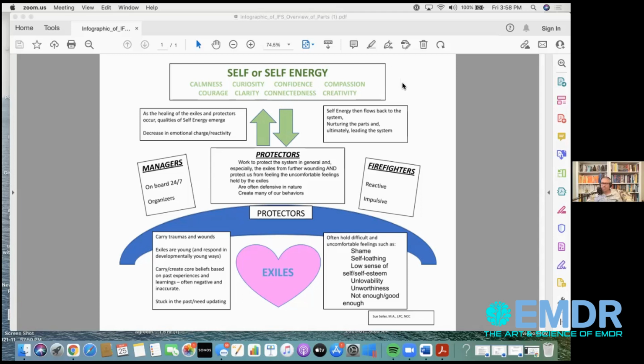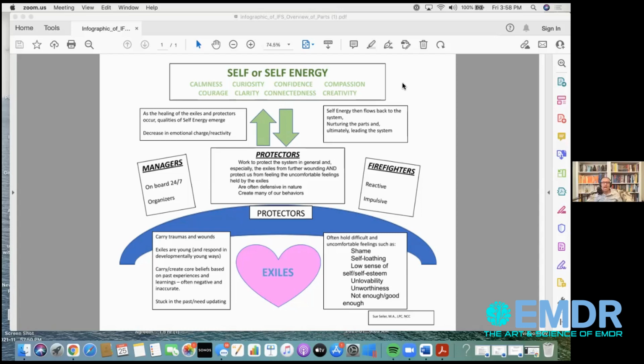I have a quick question. So, you mentioned the managers and firefighters, that their role is basically to protect, right? To protect the system. Correct. Protect the exiles. Yeah. And while their intentions are good, they can be really challenging to work with sometimes, for the therapists. Yeah.